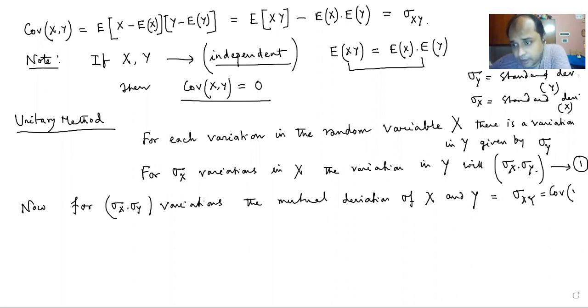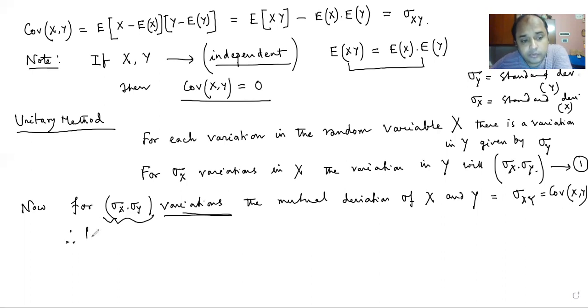It is the formula to calculate the mutual deviation. So for this number of variations, sigma X into sigma Y, the mutual deviation of XY is calculated by the tool called covariance XY.